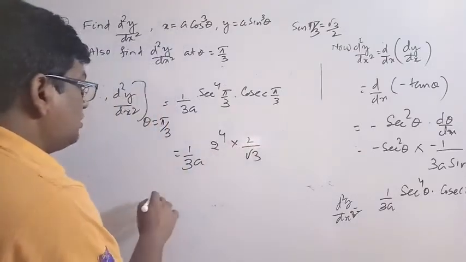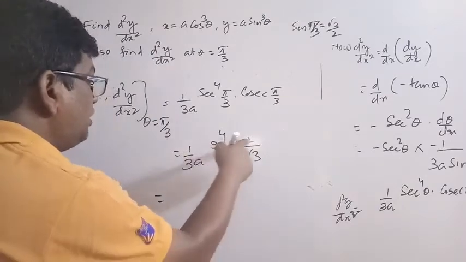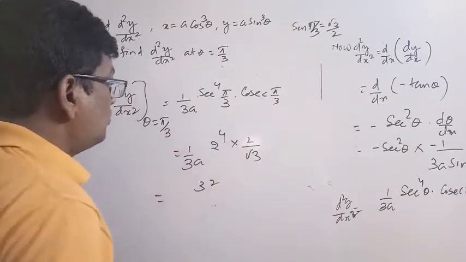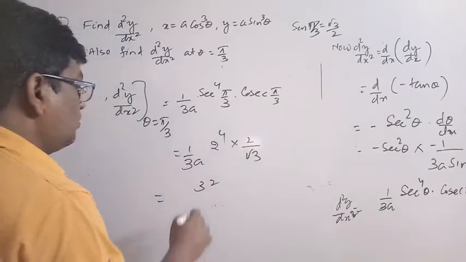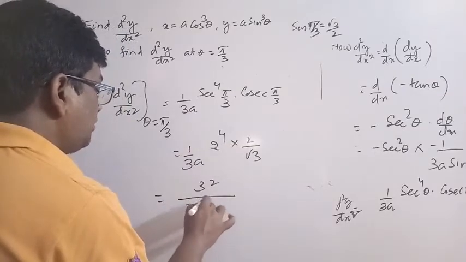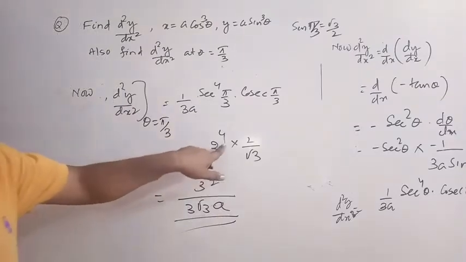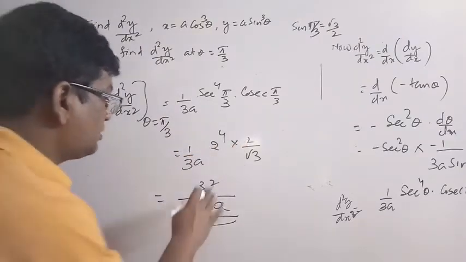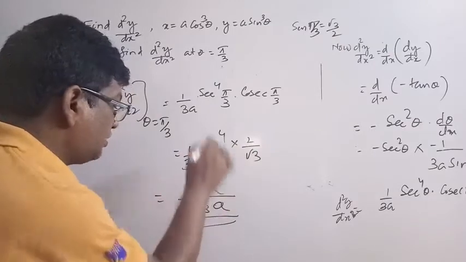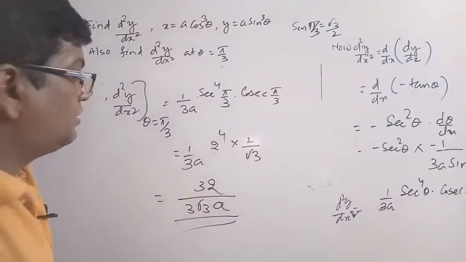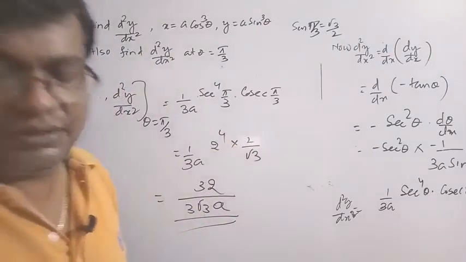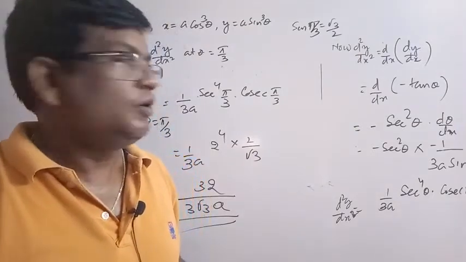So what is here? That is 16 into 2, 32 by 3 root 3 into a. Okay, 2 to the power 4, 16 into 2, 32. Clear? 32 divided by 3 root 3a. This is the answer. And now some other questions.